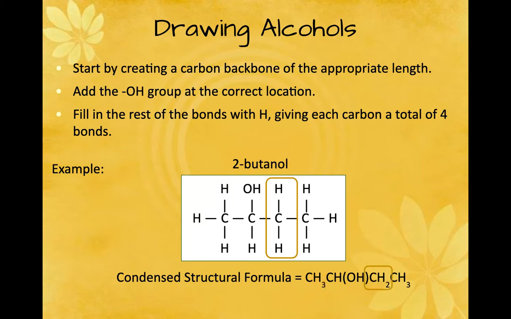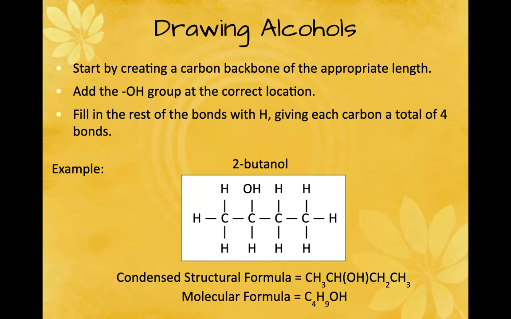Then we have CH2, and finally CH3. You can also give the molecular formula for this compound. Normally the OH is kept as OH, and the hydrogen that's part of the OH isn't added in with the other hydrogens, just because it gives you a sense of what type of molecule it is. So it would be C4H9OH.